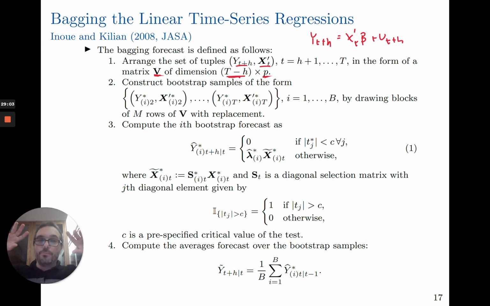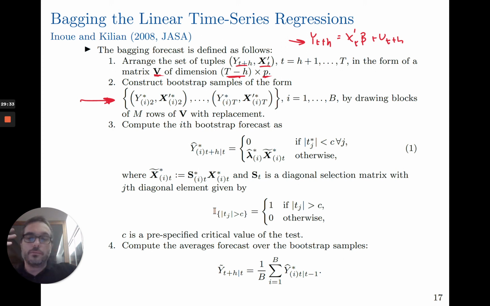we are going to draw bootstrap samples from this matrix, constructing our bootstrap sample here, okay. For each bootstrap sample, we are going to estimate this regression, select the coefficients that are significant, throw away the others, estimate the coefficients again, and use these coefficients to make our forecasts.